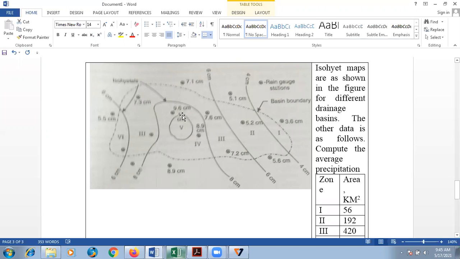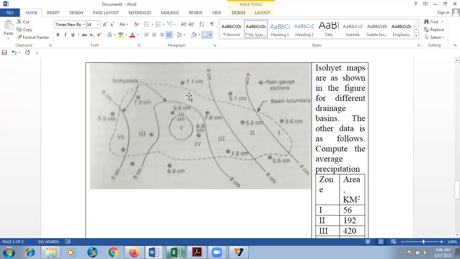And then greater than 10 centimeter isohyet, this circular area is zone 5. The one between 10 and 8 centimeter isohyet is zone 4, which is indicated. Between 8 and 6, I already said it is third zone.